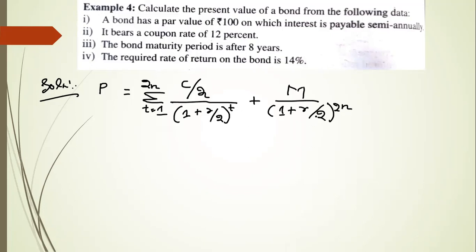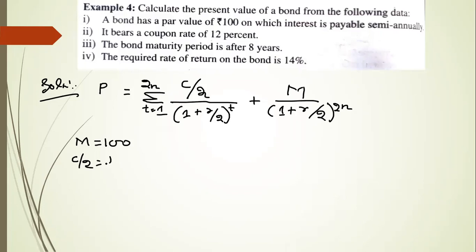We can again use this formula, and we have to take down all the details. So the data we have with us is, the principal amount that is mentioned in the problem, that is 100 rupees. Okay, and C bar 2. I am taking here C bar 2 because in the formula it is C bar 2 because it is semi-annually. Earlier we used to take just C for annual calculation.